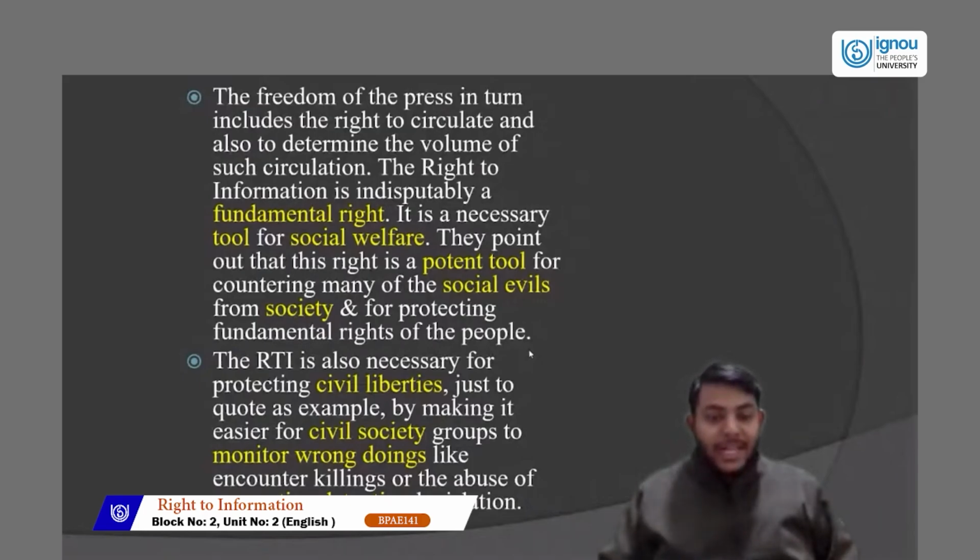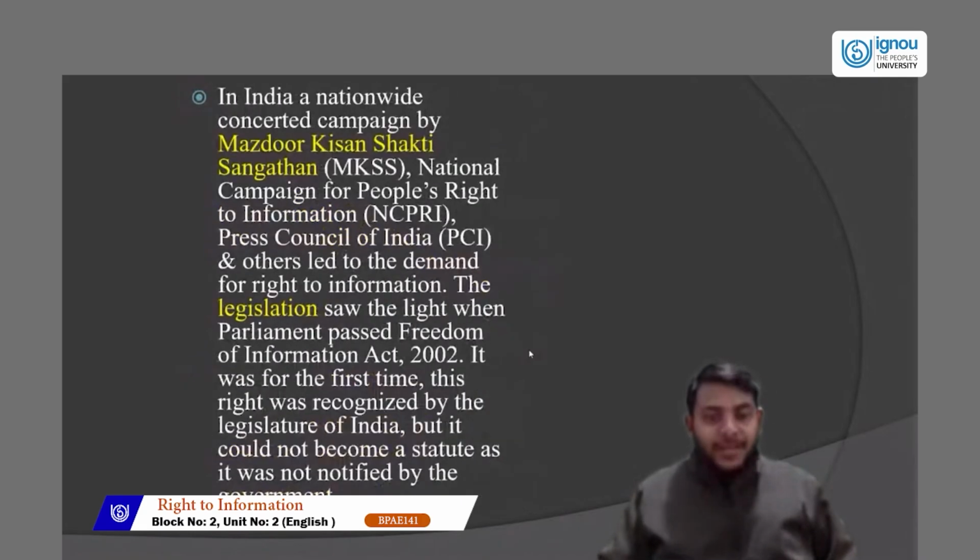So RTI has helped civil society to monitor and curb many wrongdoings, and hence it is a very important tool for countering, eliminating, and challenging many of the social evils in society, and also for social welfare as well. Hence we can say that the right to information is a fundamental right.